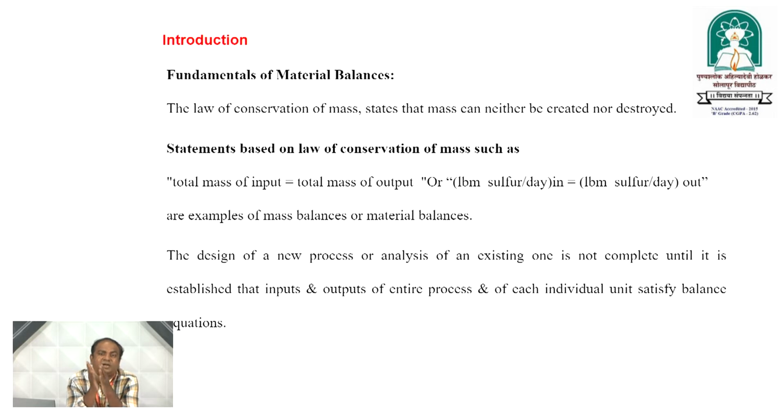Conservation of mass means that mass cannot be created or destroyed. That is the law: conservation of mass. Mass can neither be created nor be destroyed. That is the thing that we have to conserve.